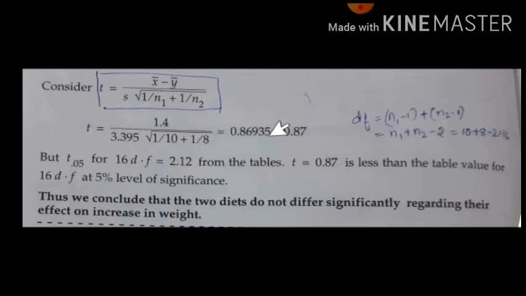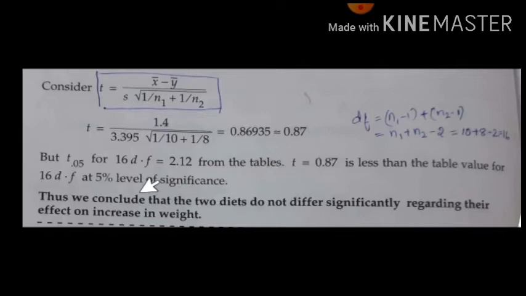So you can observe here that the calculated T value is less than the table value of T. If the T value is less, we need to accept the hypothesis. So what is the hypothesis we have written? There is no significant difference between the two diets in the effect on increase in weight.